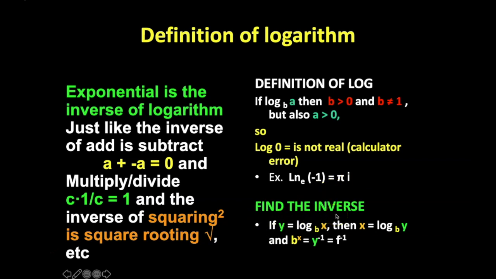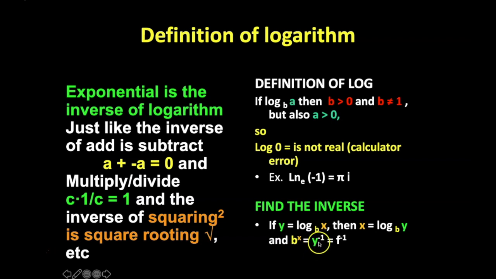So let me show you this. Find the inverse. So if I do the steps of the inverse, y equals log base b of x. When you do the inverse, you take the x and the y and you switch them. So I've done that here. I've switched the x and the y. The base b stays right there. I rewrite this logarithm as y equals b to the x power.